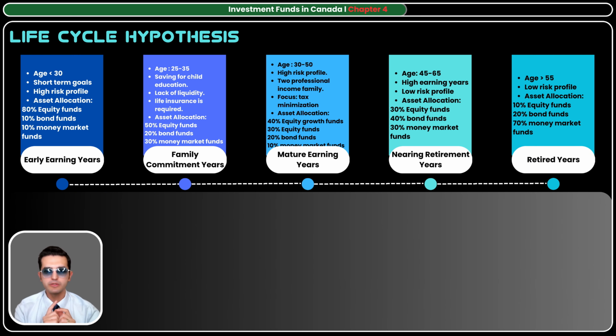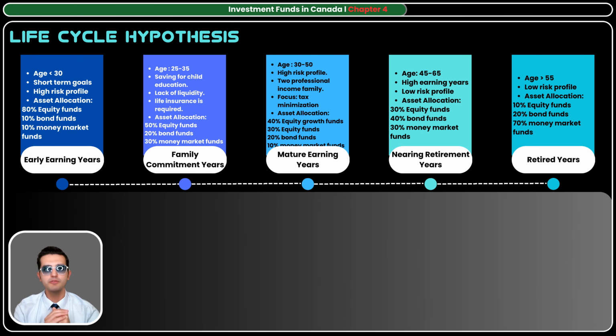You need to remember this. Okay? Or the primary goal of mature earning years is minimizing tax. You need to memorize this. Or for the family commitment years, they need life insurance. Okay, you need to memorize these primary characteristics because you will definitely get questions from this topic. As I said, not only one, but 2 questions.